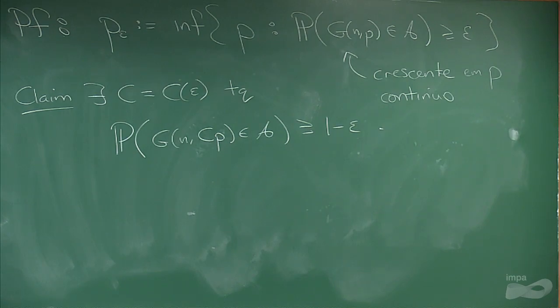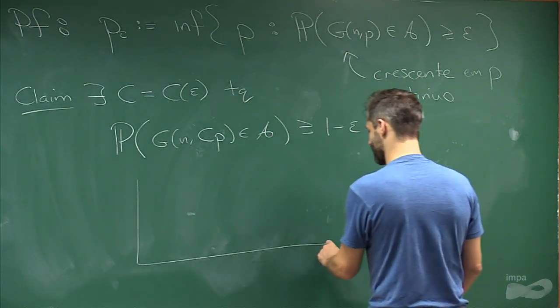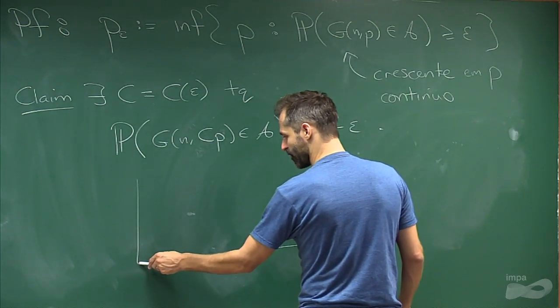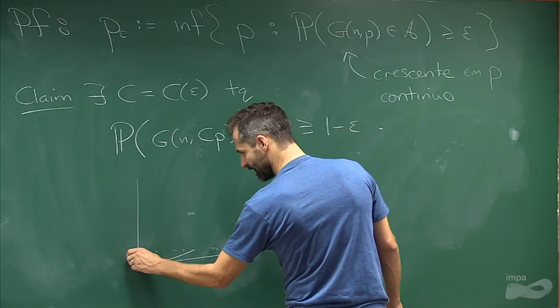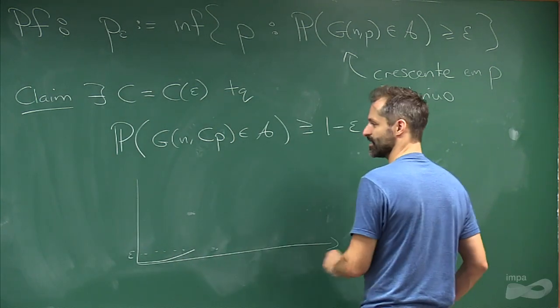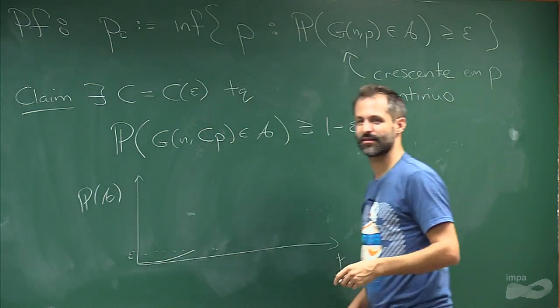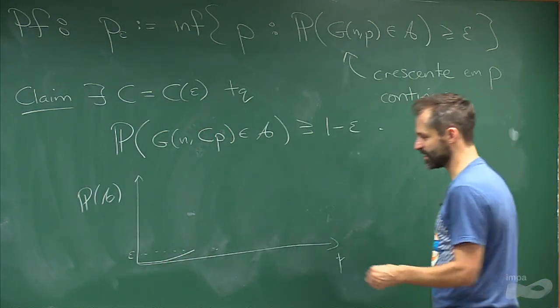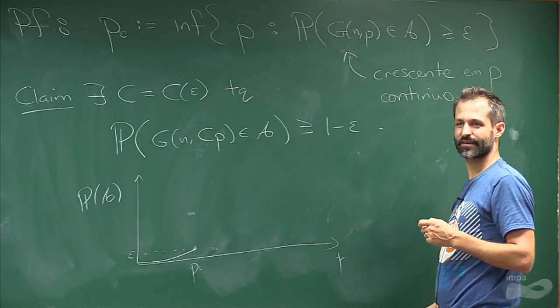So, is it clear that this claim implies the theorem? No. Aha. Right. So, what's happened? Let's do this graph again. This probability has increased up to epsilon. Right? This is the probability of A. And this is our p epsilon.